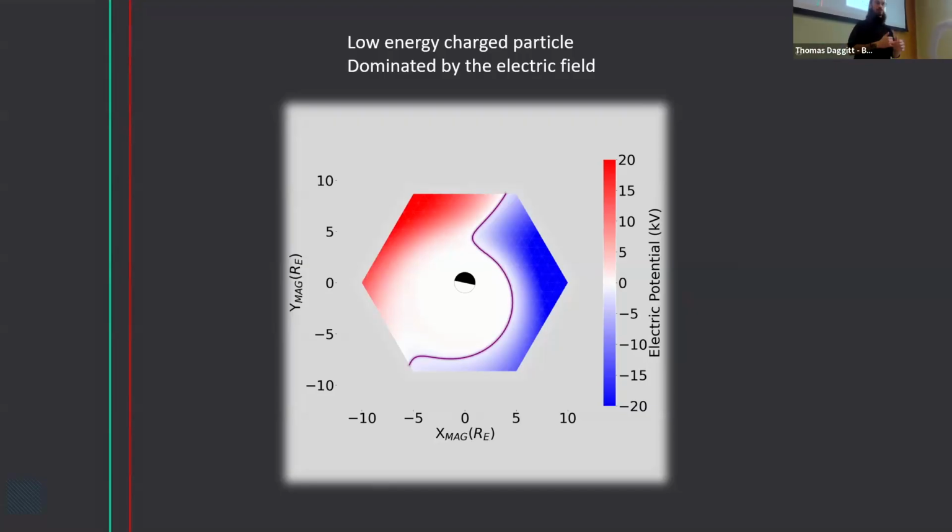Because the Hamiltonian total energy is the sum of kinetic and potential energy, the electric potential term is much more strongly weighted, effectively, for very low kinetic energy particles. So in this case, the purple path is a low energy particle, and its path is basically determined entirely by the electric potential, which is given by the color scale in the background. We can see this particle follows a potential contour from the night side and out to the day side.